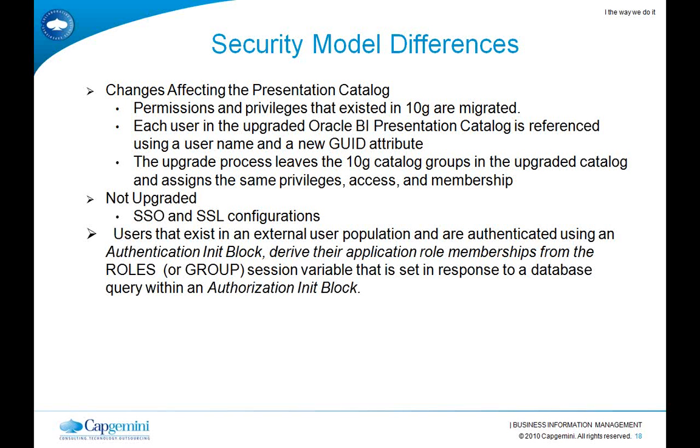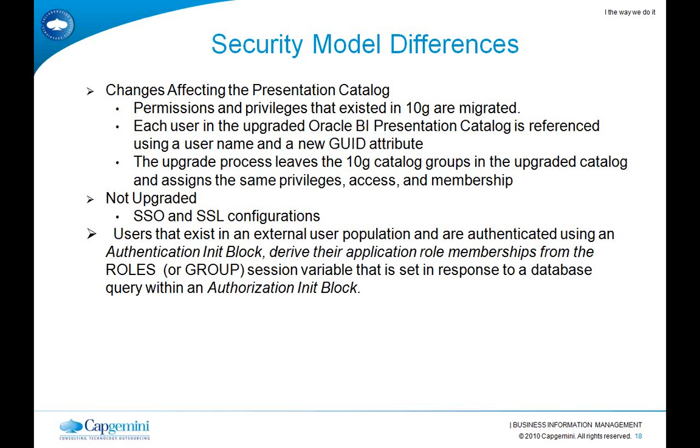It's very important, not only from the initial upgrade, but if you change from the embedded LDAP to a different LDAP, you've got to make sure your users are synced up correctly with these GUID attributes. So, as I said, the 10G catalog groups will remain, and the privileges that they controlled will still exist. So your security from a catalog perspective will basically remain intact.